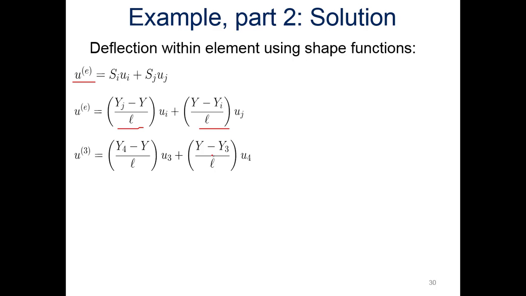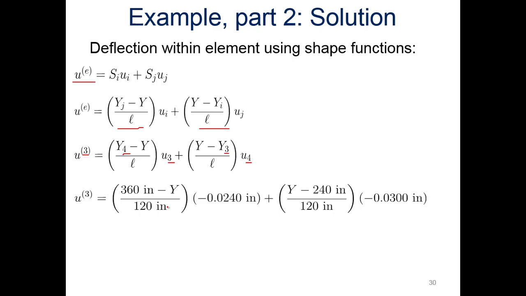All right. And we're going to put in the actual values now. So we're looking at element 3, and that's made up of node J is node 4, and node I is node 3. So that's where those come from, and likewise J is 4 and I is 3. All right, so substituting our values there, the global y to get to node 4. So this is the global y, not the lowercase y within the element.